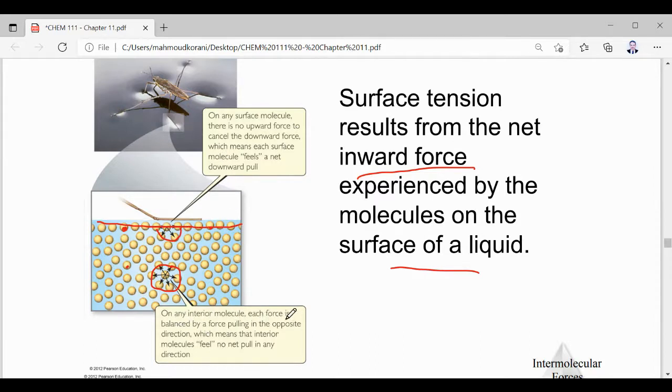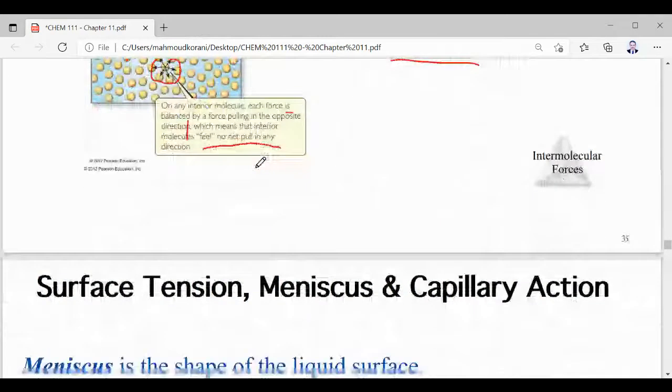On any interior molecule, each force is balanced by a force pulling in the opposite direction, which means interior molecules feel no pull in any direction. On the surface molecule, there is no upward force to cancel the downward pull, which means each surface molecule feels a net downward pull. It's called surface tension, as I told you.